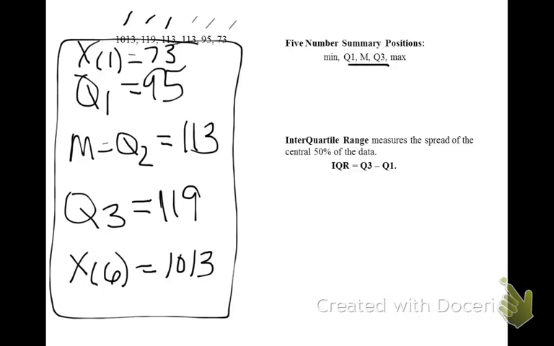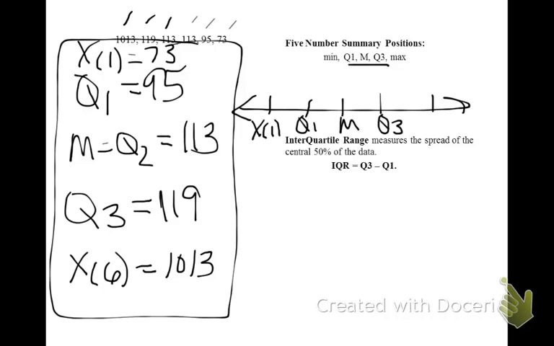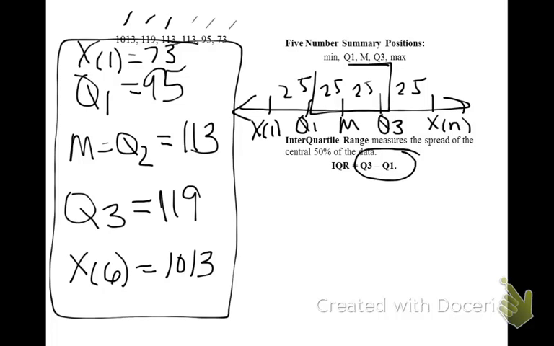The other thing that we may be interested in finding is the interquartile range. Remember this picture. We said that 25% of your observations fall into each quartile. So if I subtract Q3 and Q1, that'll give me 25 plus 25, or 50% of the data.